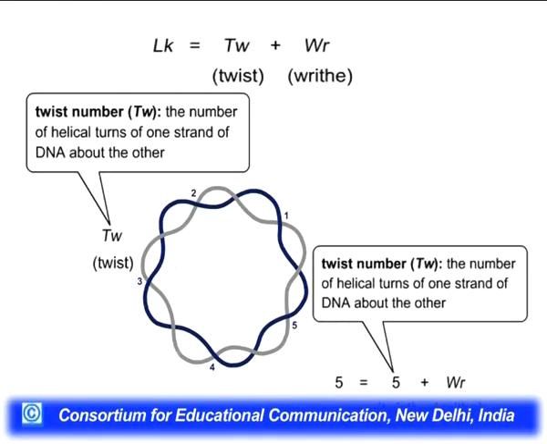In a relaxed DNA molecule, the twist number will be equal to the linking number. The model we are considering has 5 turns, 5 twists, and therefore the linking number is 5.